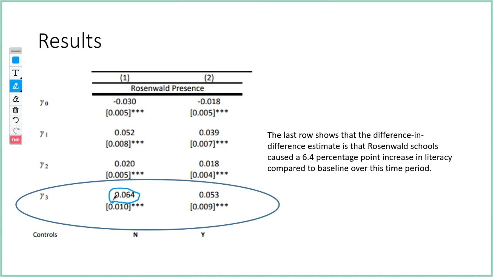When the authors add in all of the other control variables, so this first model is just using the 3 coefficients, this second model is from the same regression but where they add in lots of controls like income and race and political demographics, and the overall coefficient does not change by very much. So it's a pretty robust finding.